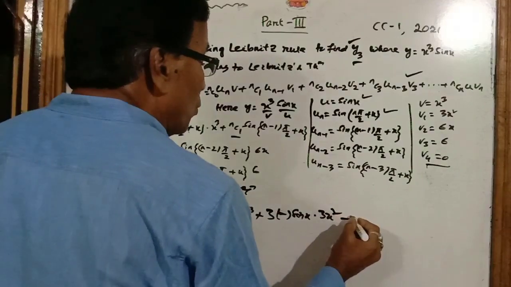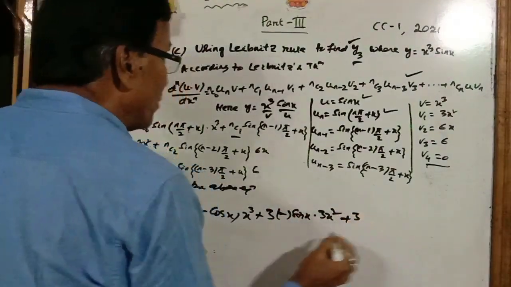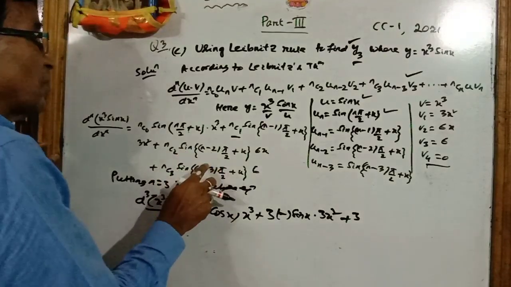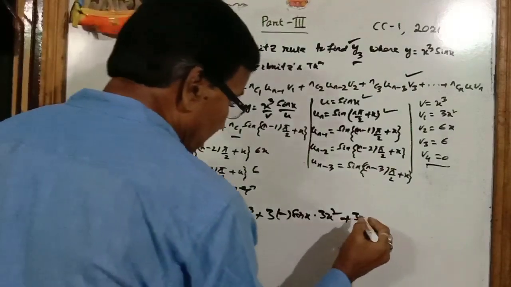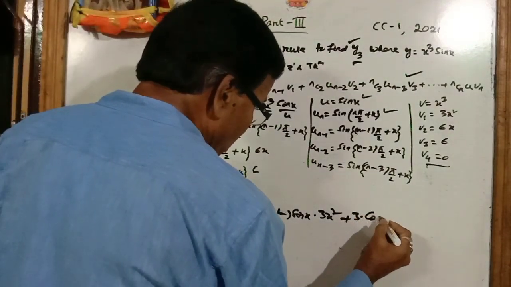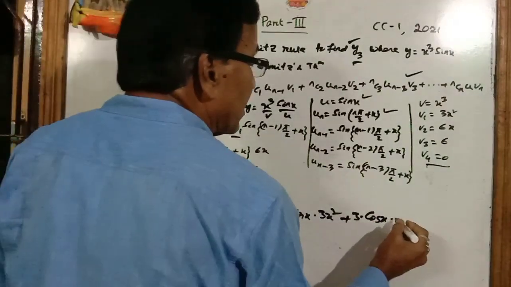Plus 3C2, again it is equal to 3, times sine of (3 minus 2) that is 1, so sine of (90 + x), that is equal to cos x, into 6x.